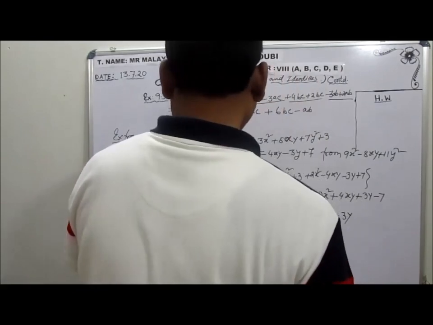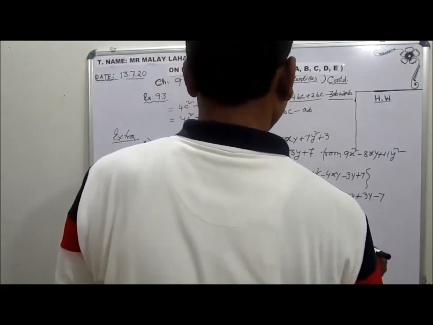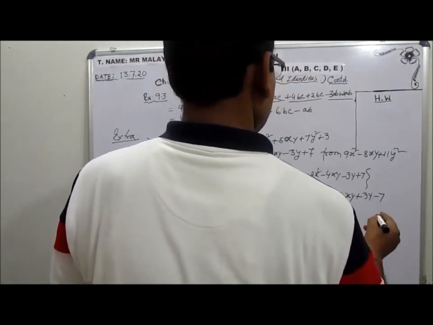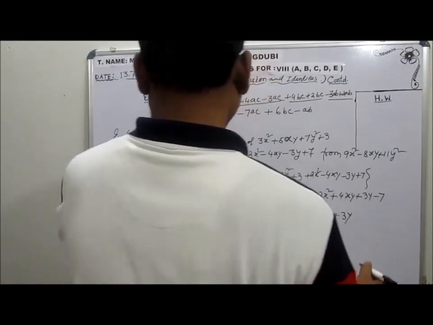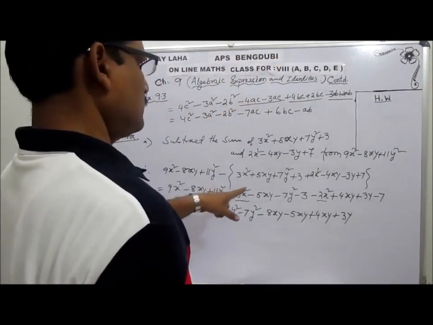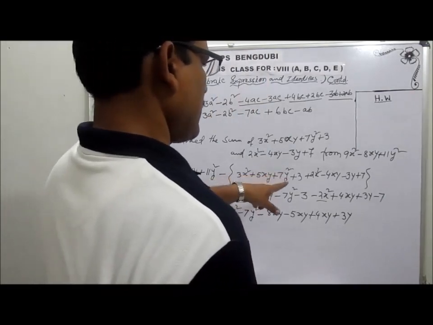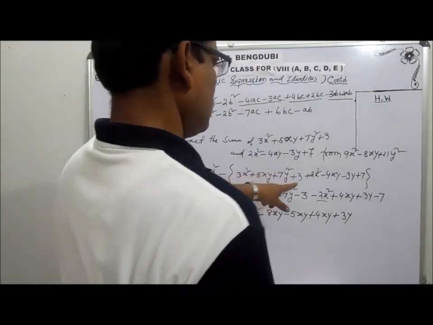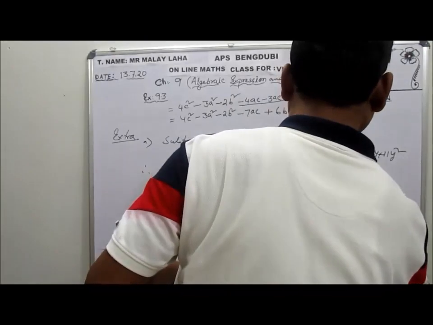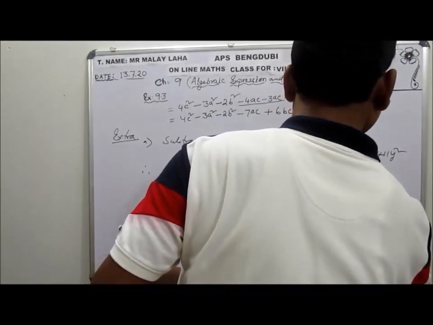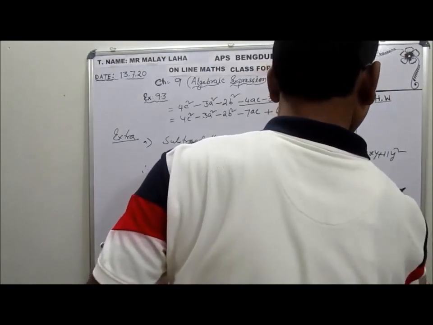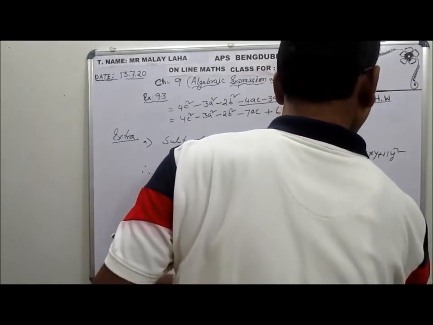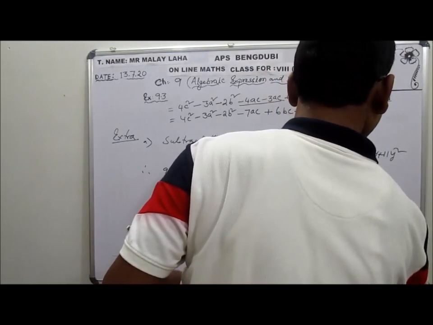And what is the number present? Only one number. What is the number? 3 and 7, it will be minus 3 only.